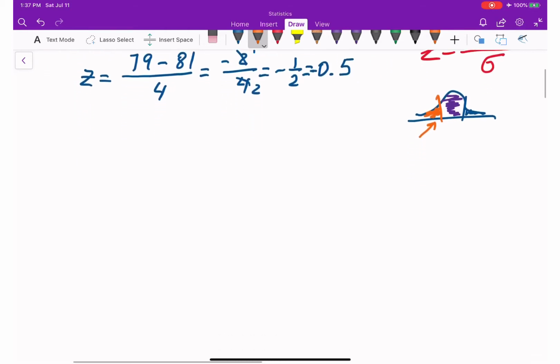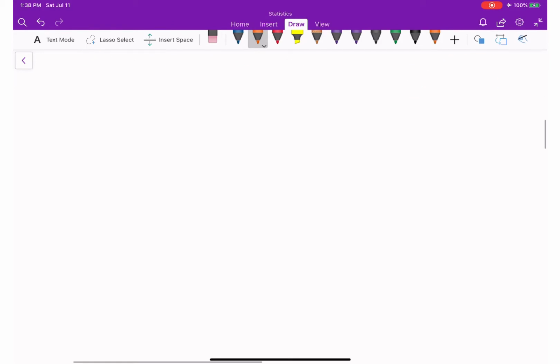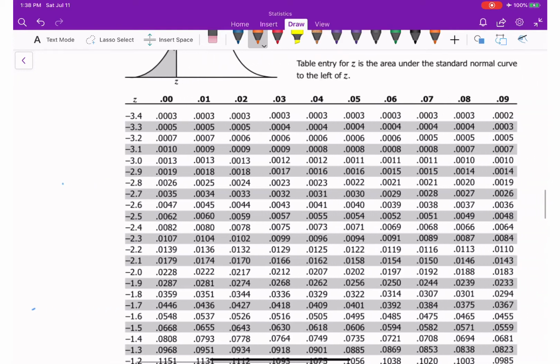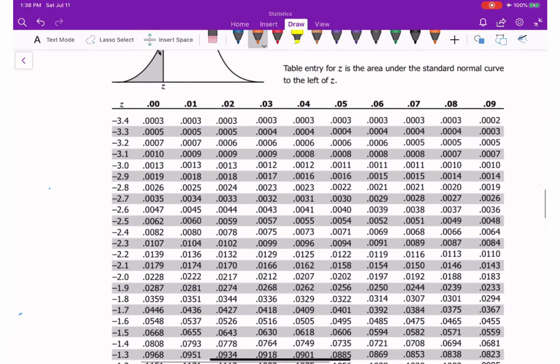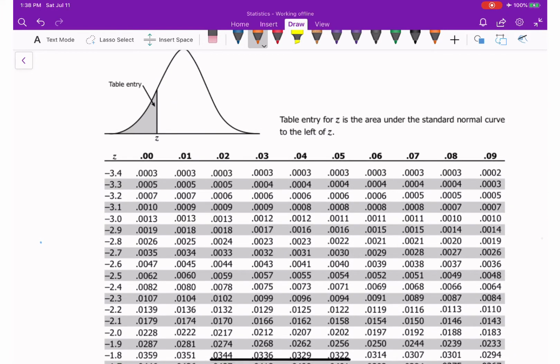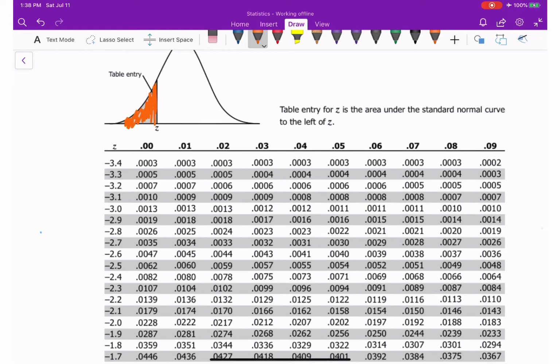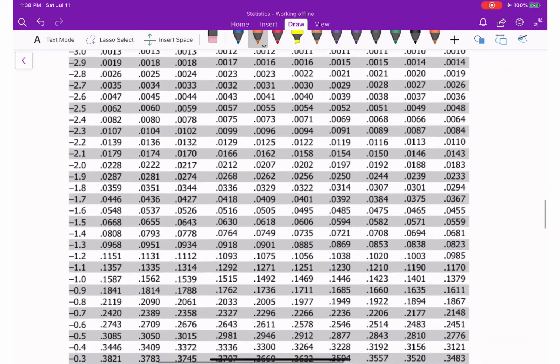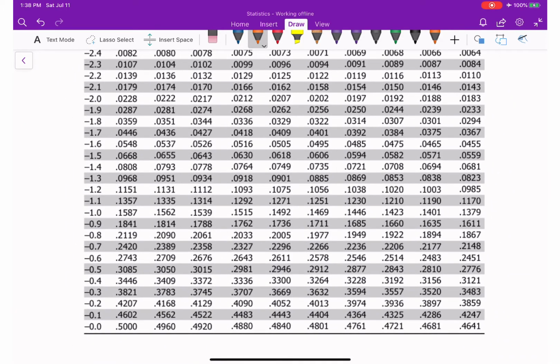Let's go to our table. We know that a table has 2 pages. One page is showing negative z-score, another page is showing positive z-score. And here it is, it's showing here that it's the left tail table. See, it's showing here, table entry. So negative 0.5. Where is it? 0.5, it's right here.